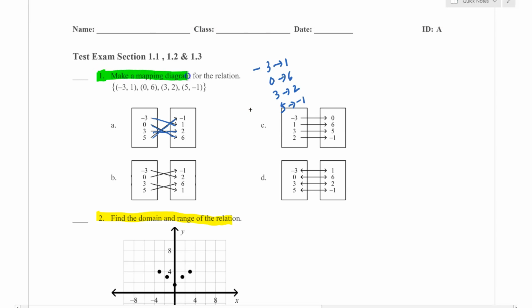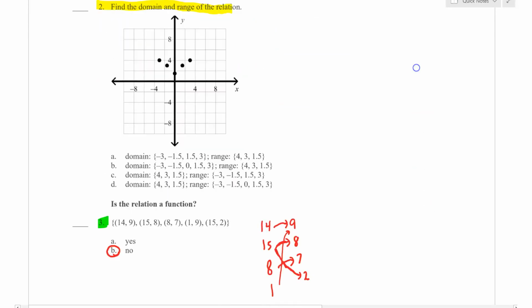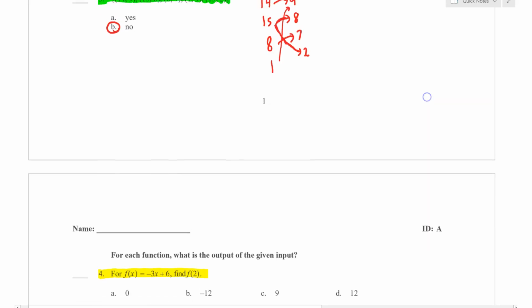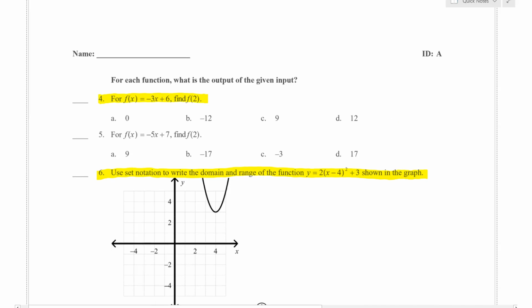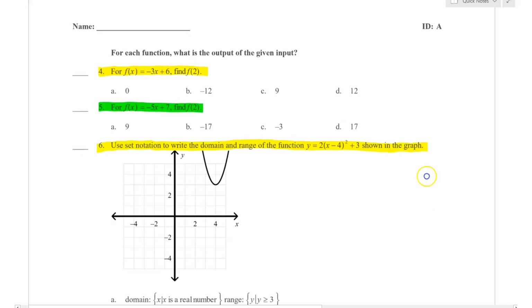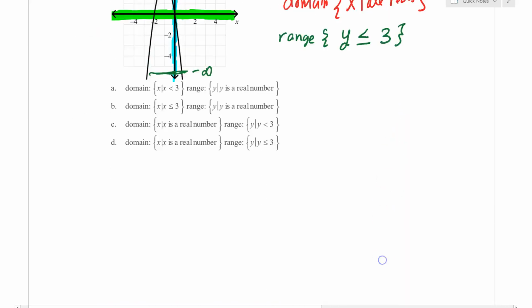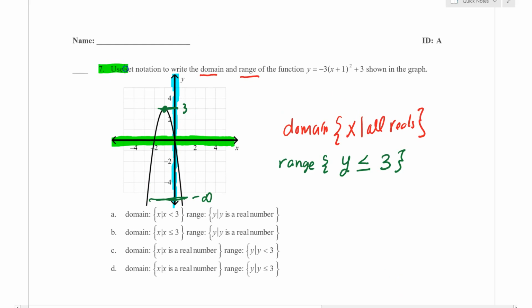I've done 1. I did 3. I did 5, but I think I erased it. 5. I did 7.